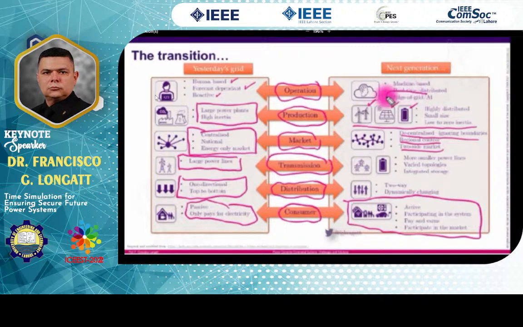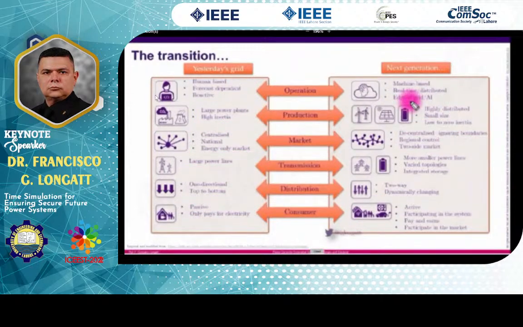And also one very interesting point is that we are going further, because the classical operation was a situation of the main or the big market that was national, and then we reacted to the changes at the distribution level. But right now, we need to take into consideration and take advantage of what the prosumer can provide to us.